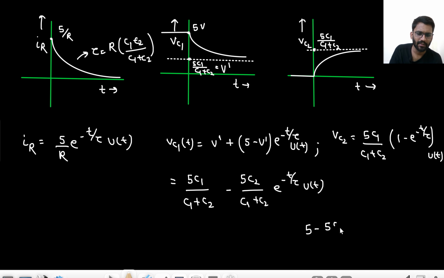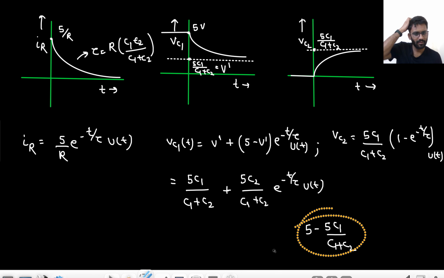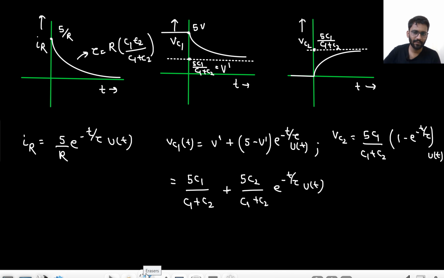V dash, what is V dash? 5 C1 upon C1 plus C2, that would be 5 C1, 5 C2, this would be plus. Okay, because at t equals to 0 you are having 5 volt, yeah, that would be plus. So what can you take in common? Nothing. This is the final answer. Of course you should make it like this.